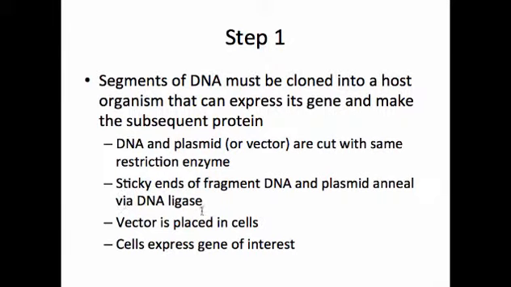Once we have our plasmid made, remember another name for that is a vector, we can put that vector into cells. When you put a vector into a bacterial cell, we call it transformation. We can also use viruses to put the gene of interest into a cell, and they do that by infection.